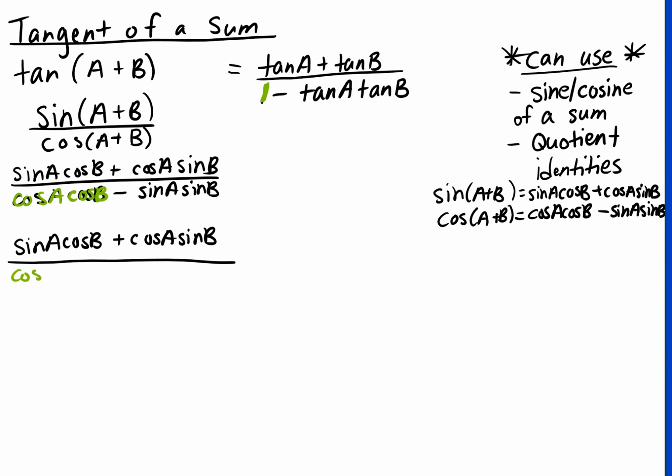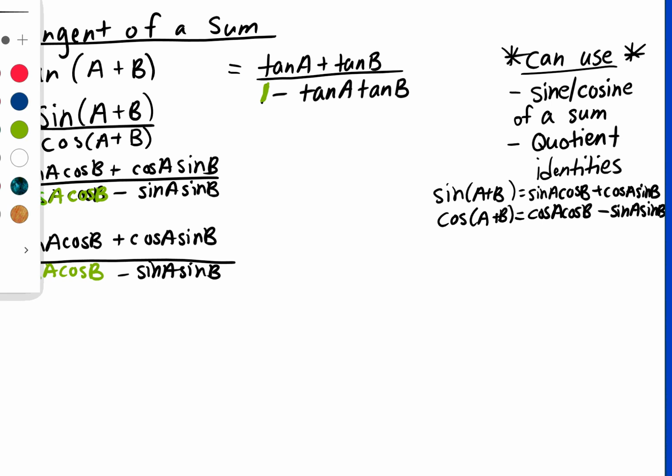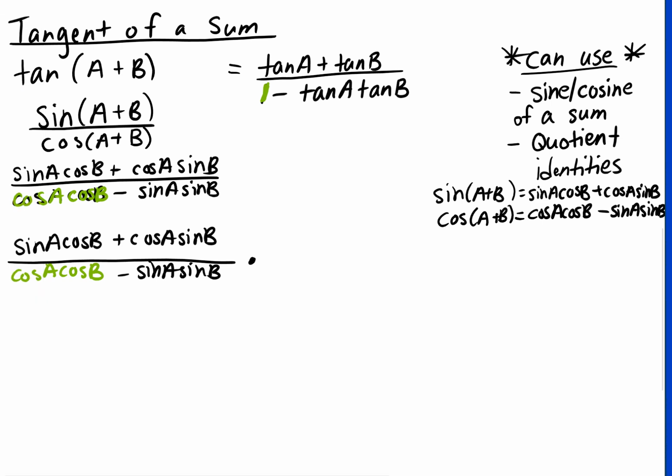So again, I'm highlighting this in green. And really what I want to do is divide. So I'm going to multiply by 1 over the cosine A, cosine B. That will get us the 1 in that location. And then hopefully everything else will also simplify nicely once I do that.